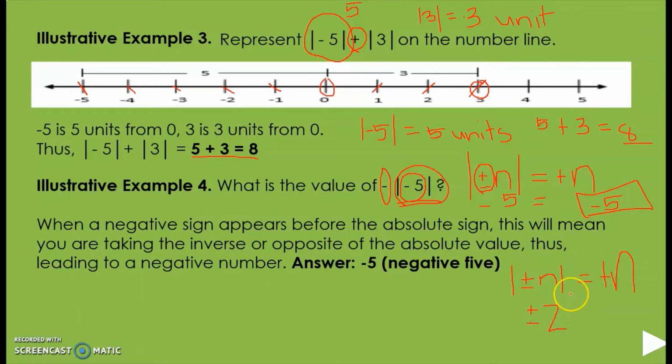We are talking about integers, letter Z, small z. Sorry for the capital Z, but it is small z. For every integer inside the absolute value, there is an equivalent positive integer, just the same as this one. So, as you can see here, it goes negative 5 as the answer for illustrative example number 5.